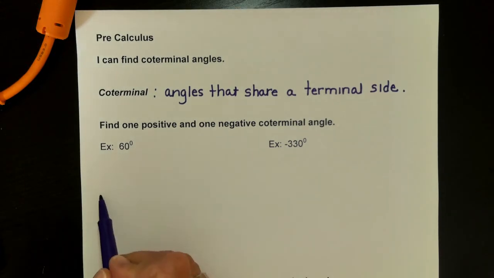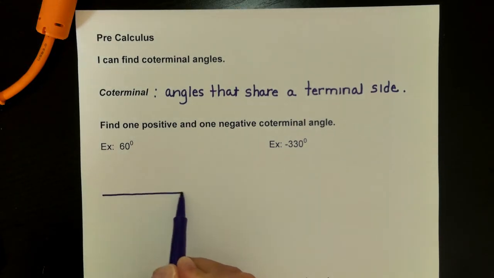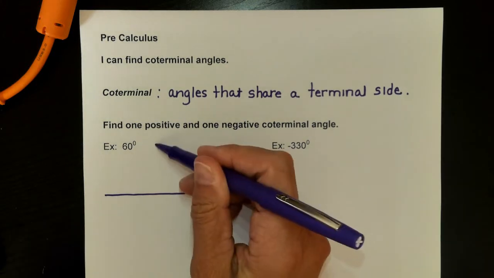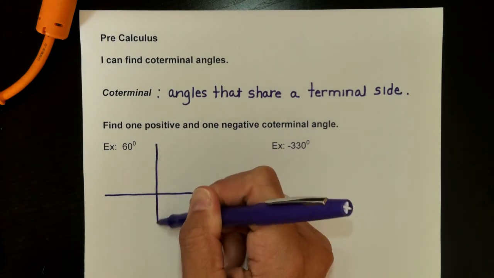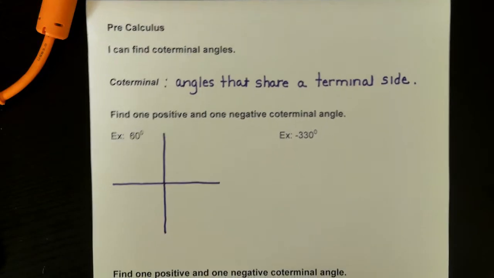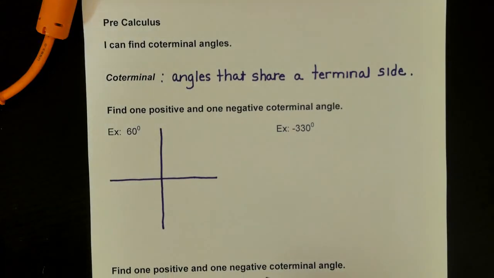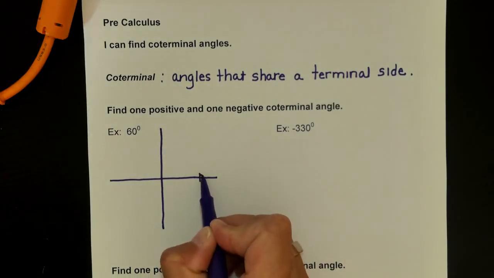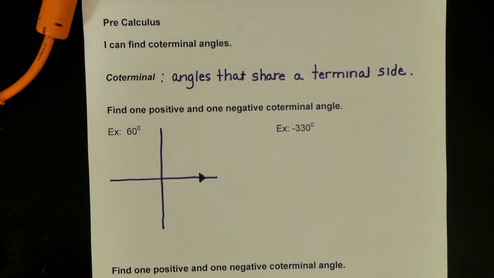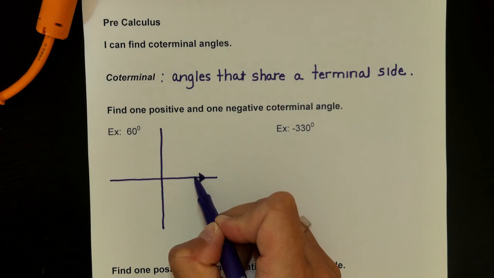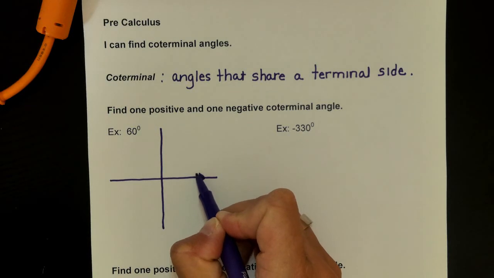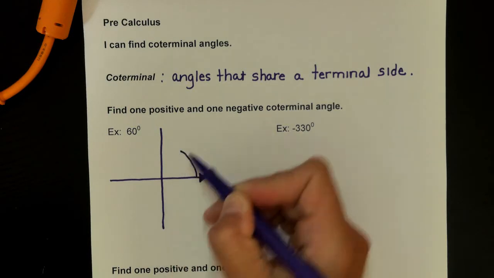What you'll want to do first of all is sketch a 60-degree angle. Remember, when you're drawing angles in standard position, your initial side is always the positive x-axis. Your terminal side is where it stops.